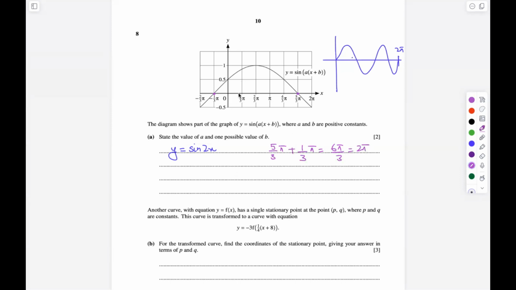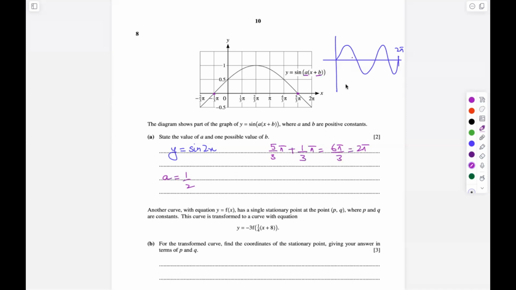In 2 pi we are having half a revolution, which means the value of a will be equal to 1 upon 2. As this value represents the number of revolutions in 2 pi radians, in this case we are getting half a revolution, so that will become 1 upon 2.